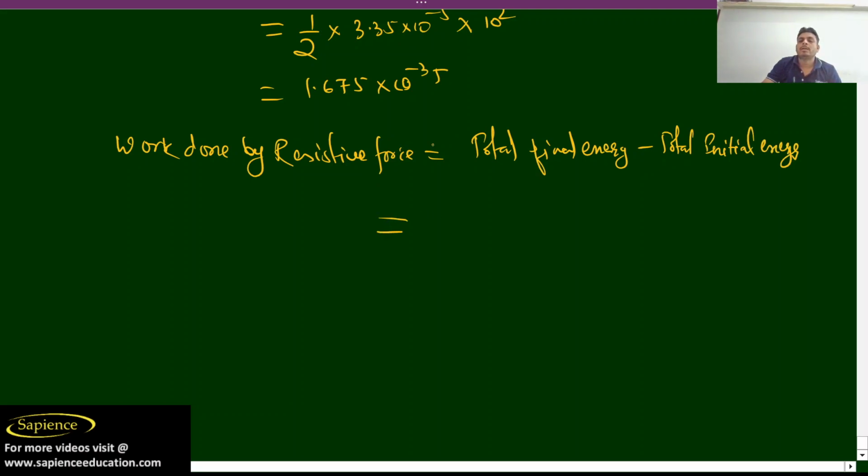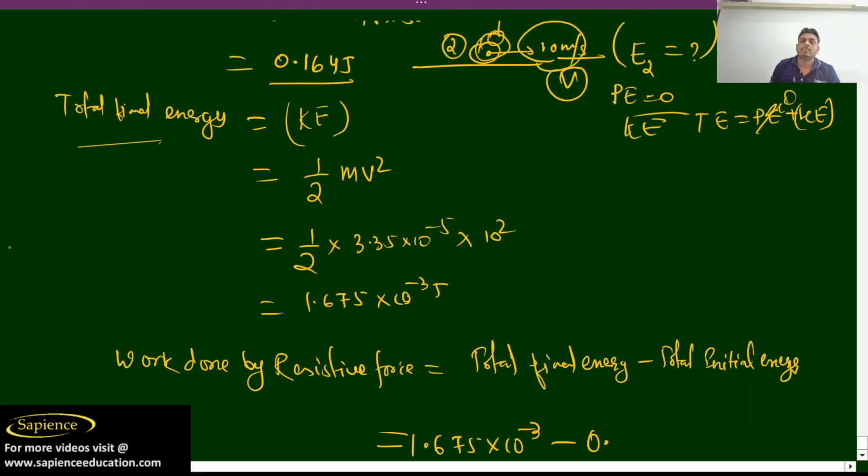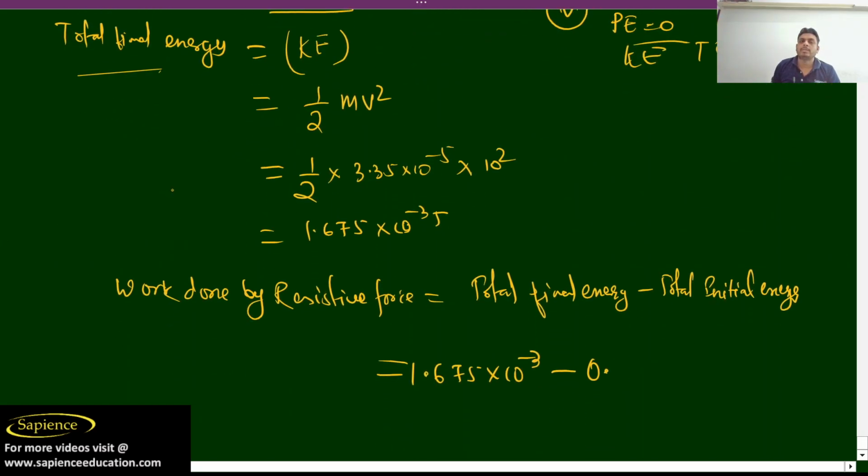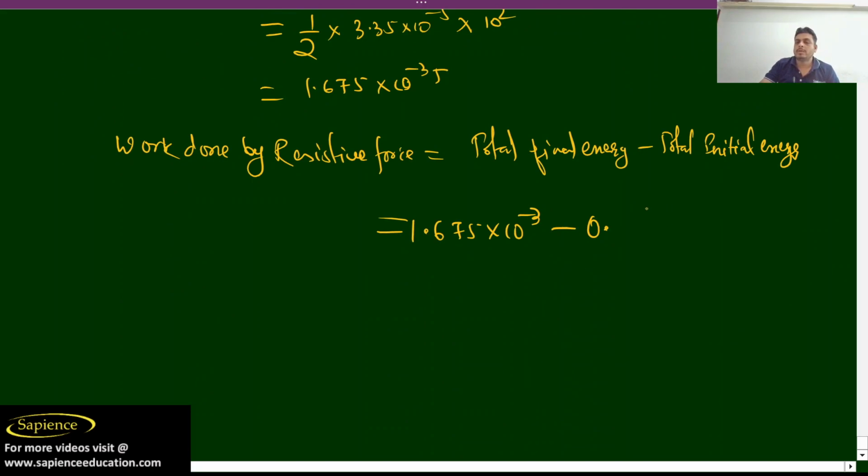Since we have total final energy as 1.675 into 10 power minus 3, minus total initial energy, which is 0.164, it will be minus 0.162 joule.